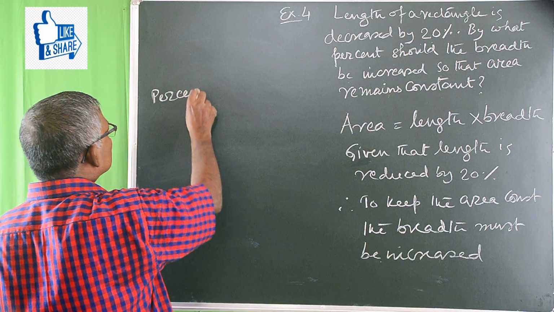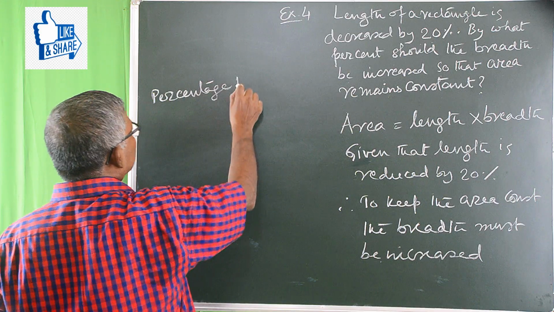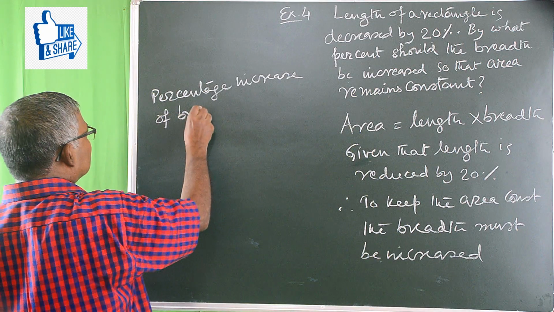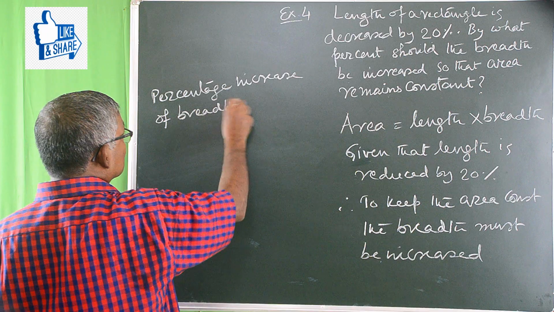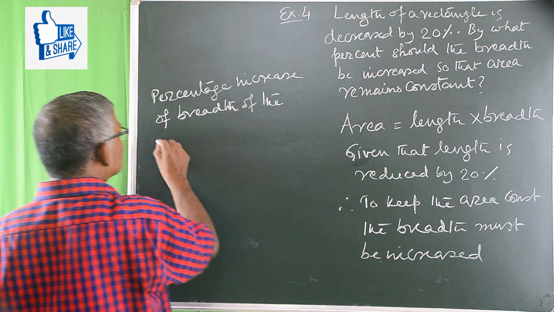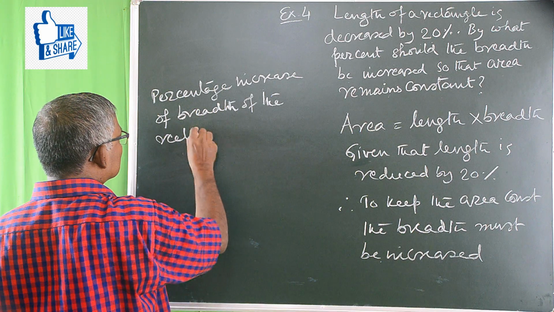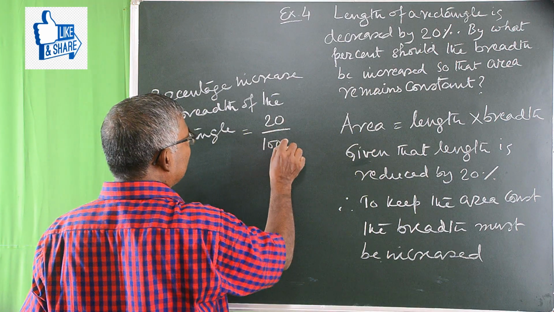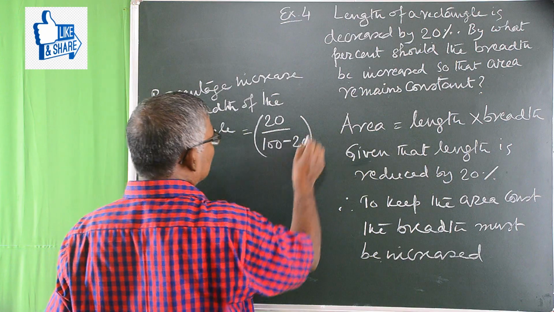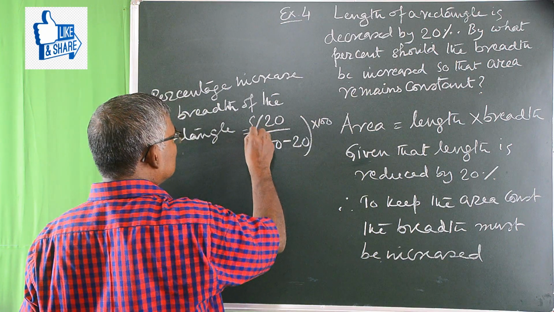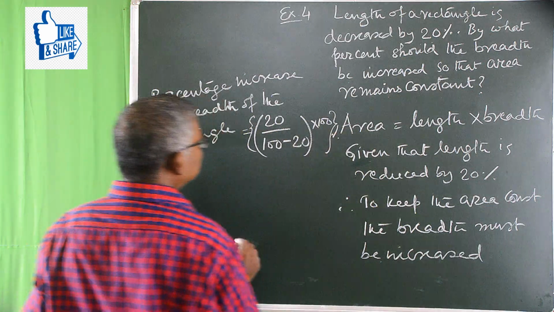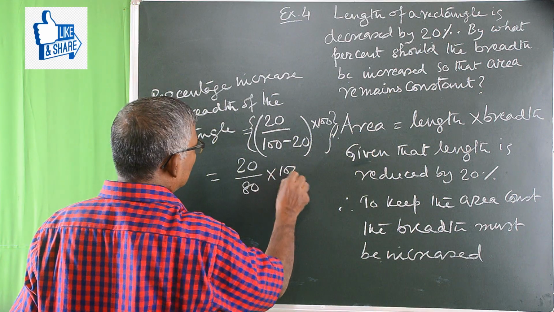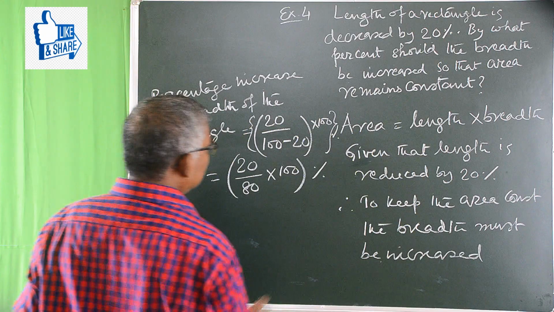Percentage increase of breadth of the rectangle equal to 20 by 100 minus 20 into 100% equals to 20 by 80 into 100%.